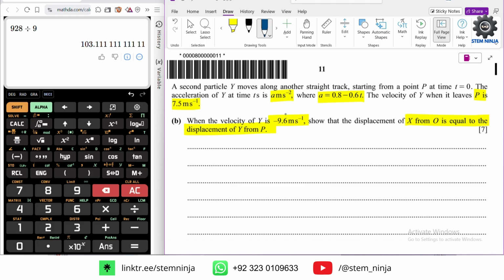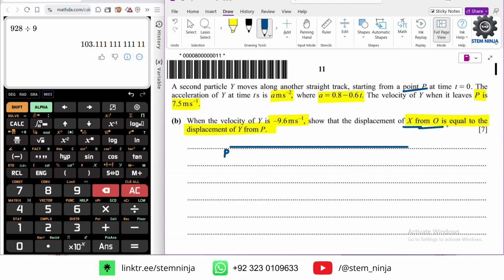Okay, hold on. So it's starting from a point P, right? Oh, they're talking about different things.